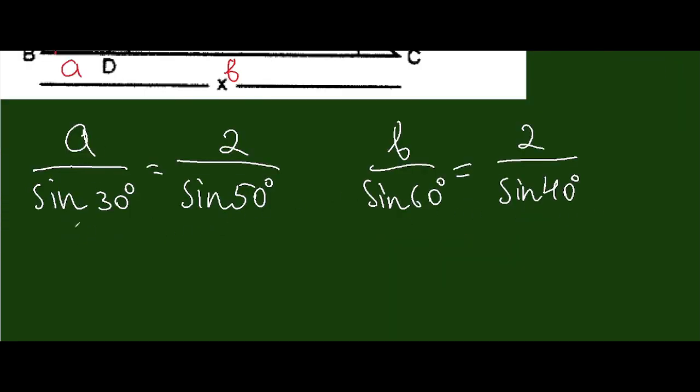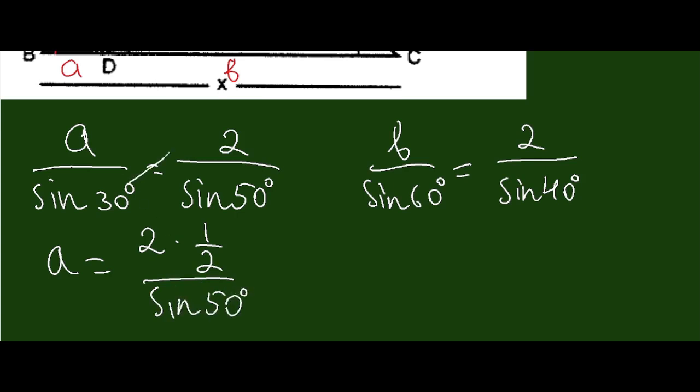We'll just express a with sines and with the numbers. 2 sine 30 degrees will give us 1 over 2 times 2, and this is 1, and over sine 50 degrees, if we just multiply it from the proportion, this will give us 1 over sine 50 degrees.